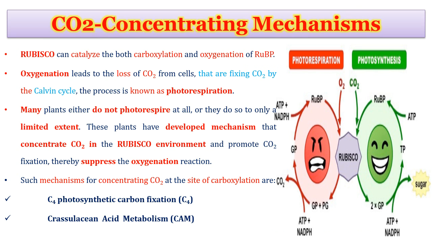As we have discussed, for the synthesis of carbohydrates by fixing atmospheric carbon dioxide, the RUBISCO enzyme plays a very important role. In nature, plants are present in very diverse habitats where the principal pathway for carbon dioxide fixation, that is the Calvin cycle, cannot operate effectively.